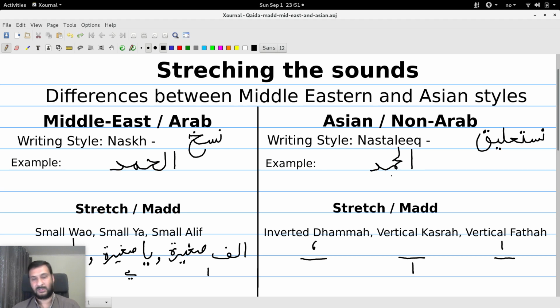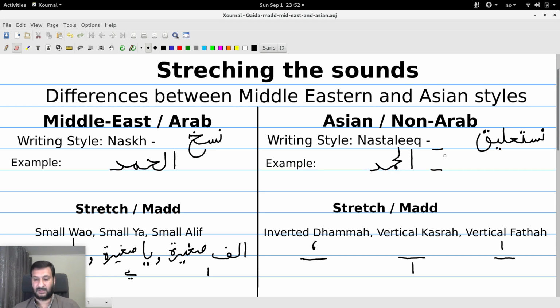I'm quite sure that everybody would be able to read it. It is alif, lam, ha, meem, dal. But you notice lam is at the top level, then comes ha, then comes meem, and then we run out of space between the lines, this space. So then we have no choice but to move forward, and then dal comes in front or afterwards.